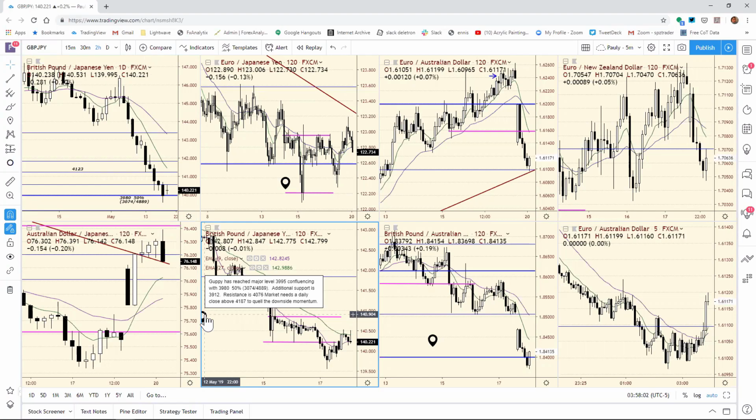Additional support is 39.12. Resistance is 40.76 and needs a daily close above 41.87 to quell the downside.